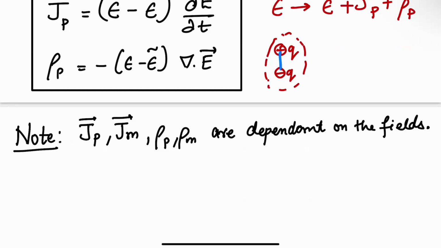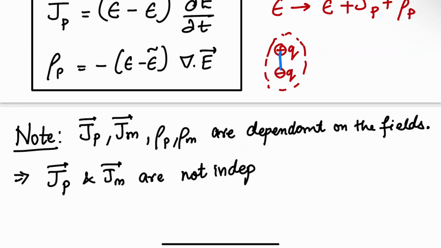So there are some consequences of the fact that they come from the fields, which means that J_p and J_m are in fact related. So they're not independent, because of course E and H are not independent in a medium. They are related.